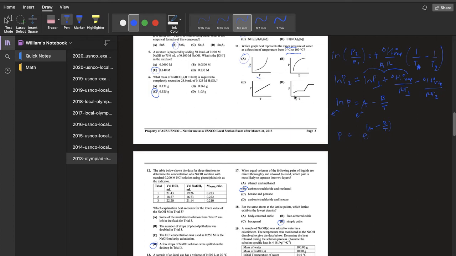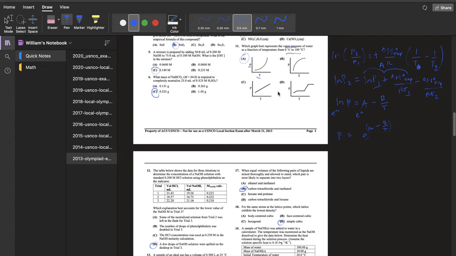So basically, let's look at what's happening here. If we increase T, then we're making the fraction B over T of less magnitude, so A minus B over T increases. And if you raise e to an increasing power, P is going to increase. That was a little bit of a mouthful, but hopefully you guys get the gist.